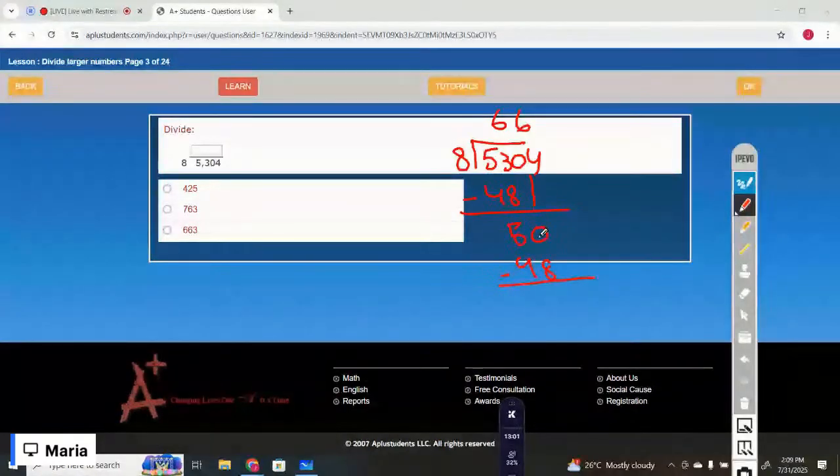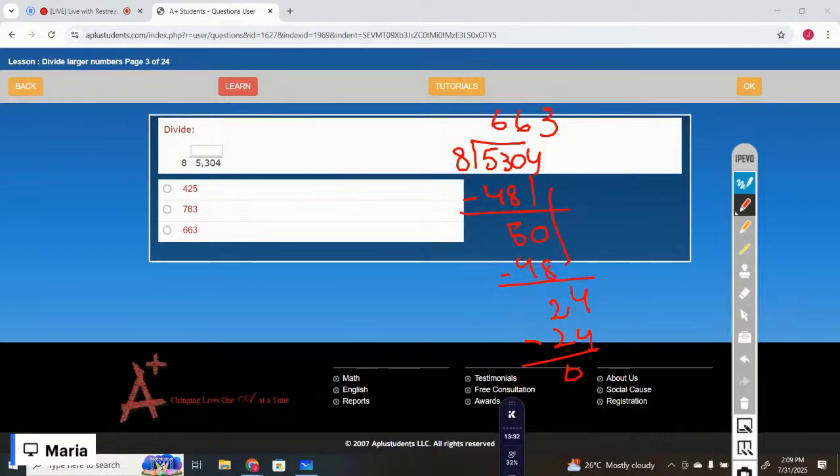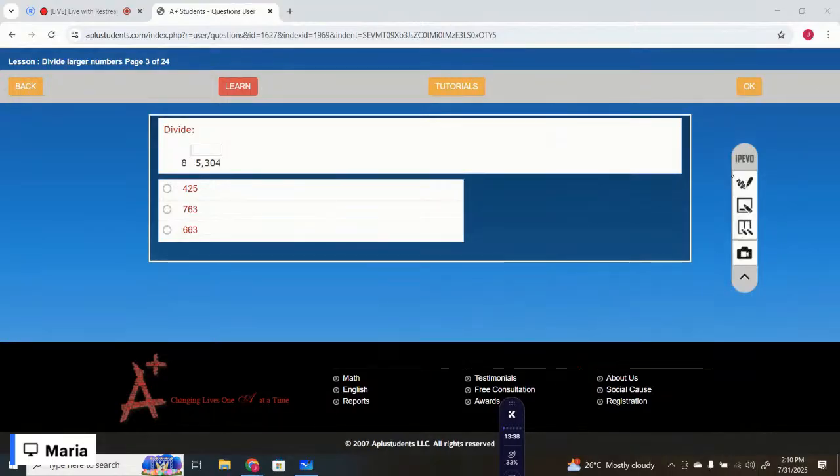So 50 minus 48 is 2. 8 times 3 is 24. So 24 minus 24 is 0. So the correct option is 663. Option number 2 is the correct option.